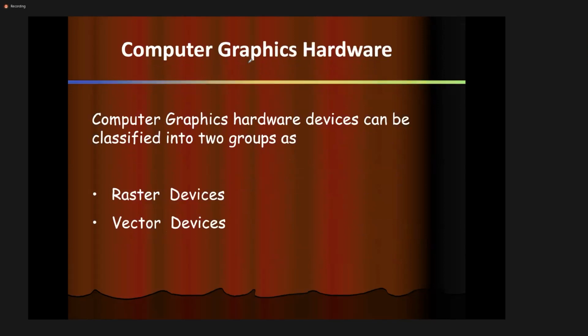Now, when you come to computer graphics hardware, the computer graphics hardware devices can be classified into two groups. One is raster devices, the other is vector devices.